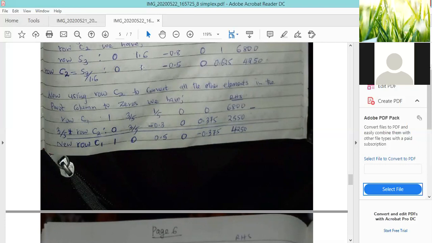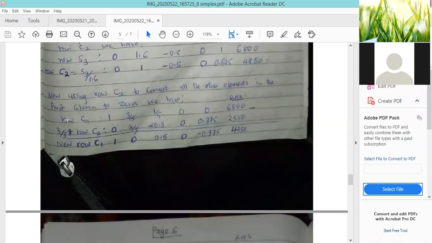And we want to use this one here, this is our important point, to convert anything else alongside that particular column, which we are calling the pivot column, to be equivalent to 0.